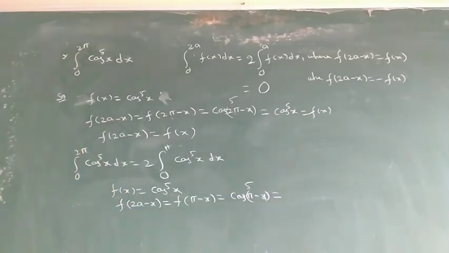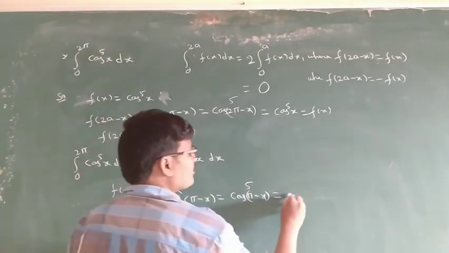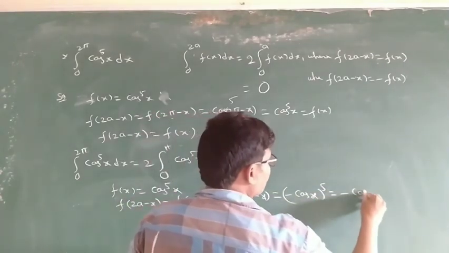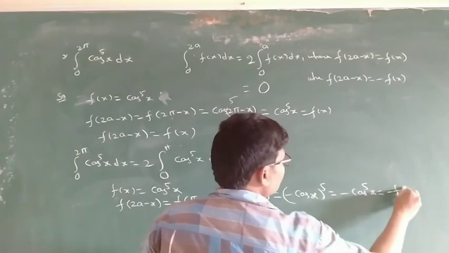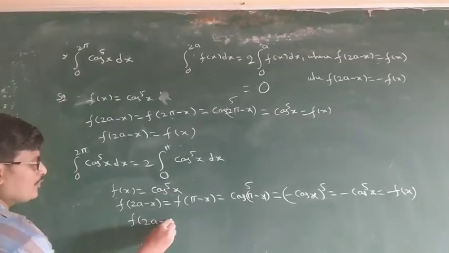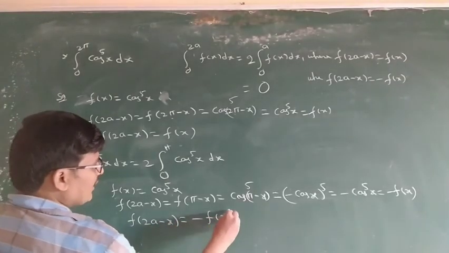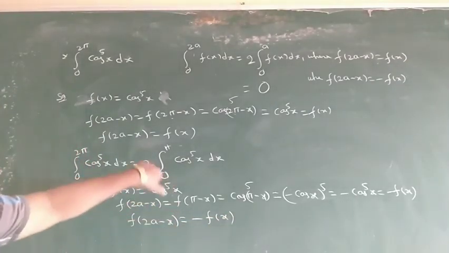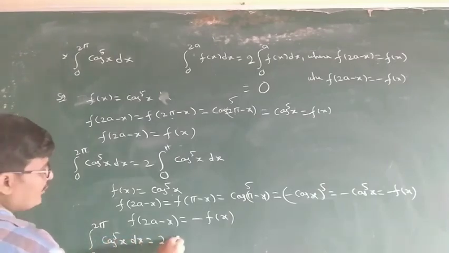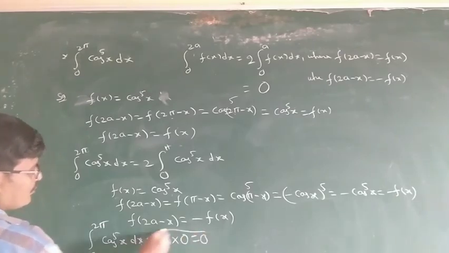Cos 180 minus theta is the second quadrant, where cos is negative. So minus cos x whole power 5, that is minus cos power 5x, which is minus f of x. So f of 2a minus x is equal to minus f of x means the value is 0. So integral 0 to 2 pi cos power 5x dx is equal to 2 into 0, so totally 0.